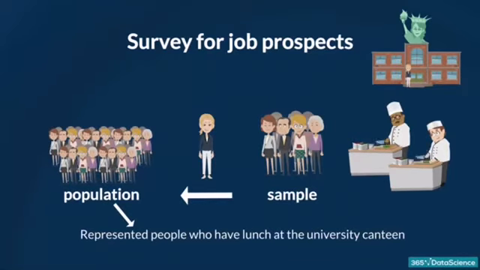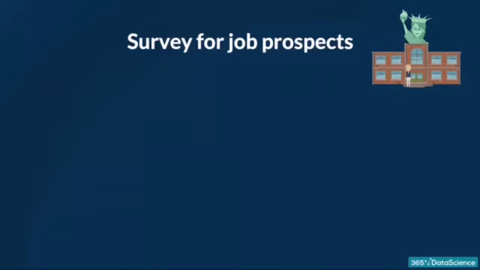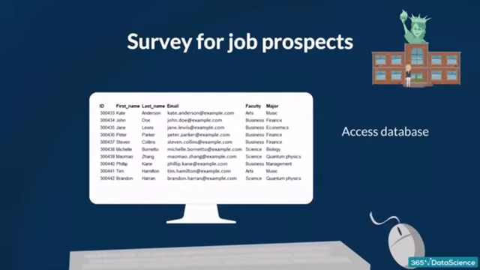Had our survey been about job prospects of NYU students who eat in the university canteen, we would have done well. By now, you must be wondering how to draw a sample that is both random and representative. Well, the safest way would be to get access to the student database and contact individuals in a random manner.